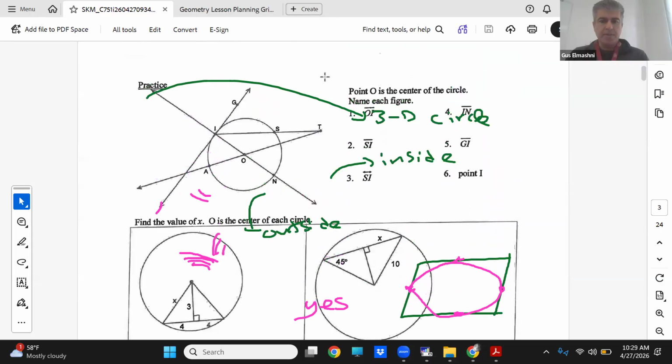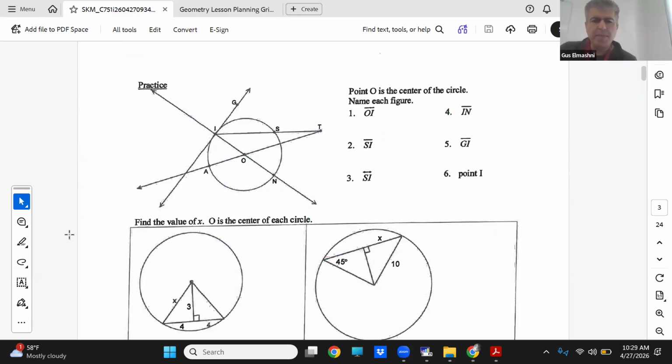Okay, let's do some naming of stuff, and then we'll do some math with this stuff. Actually, why don't you guys name it? You guys figure it out.